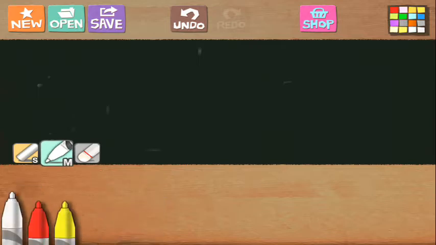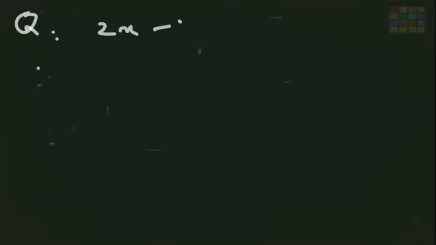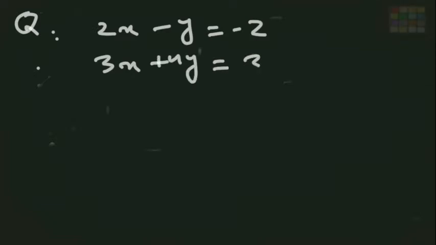Look at this. Suppose I will give you two equations to solve. The question goes like this: solve by matrix method the linear equations. The given linear equations are 2x minus y equal to -2, and 3x plus 4y equal to 3.